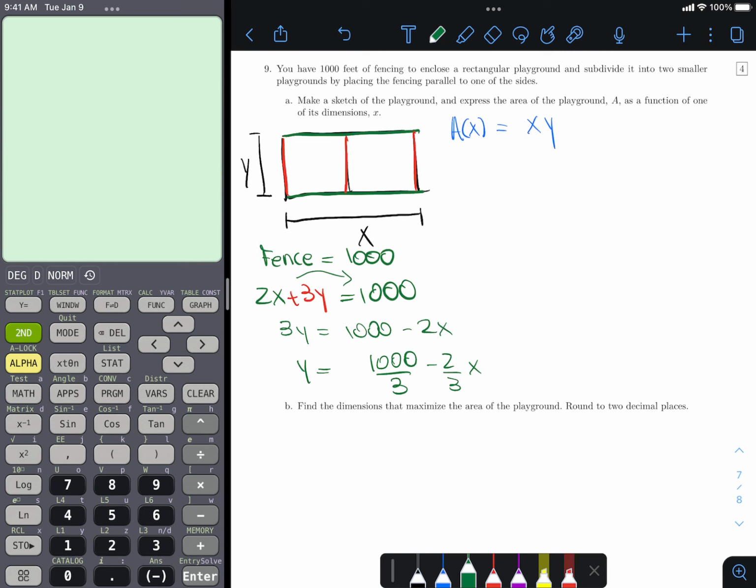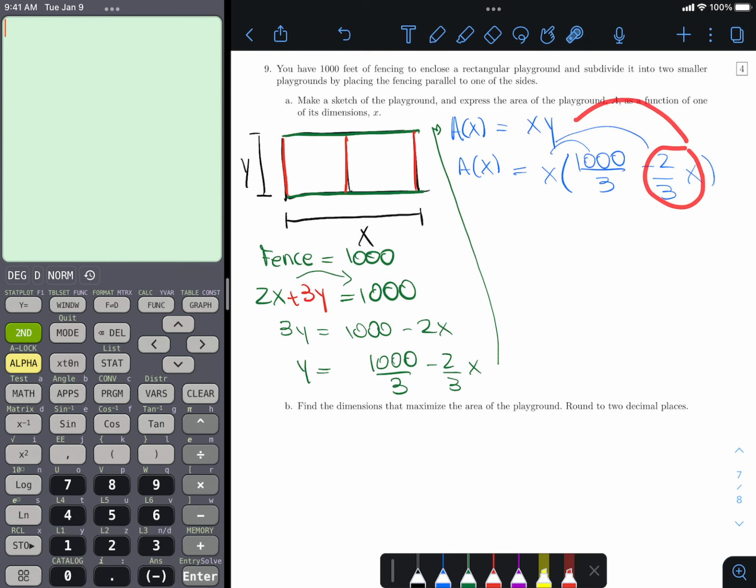That is y, so I'll take that and replace it back into the area formula. So A of x is 1,000 thirds minus 2/3 x, distributive property, and I'll also reorder, putting the x squared first. So A of x equals minus 2/3 x squared plus 1,000 over 3 x.